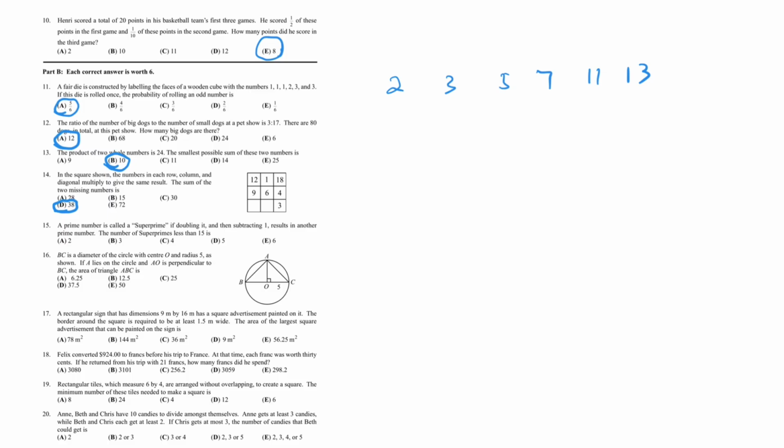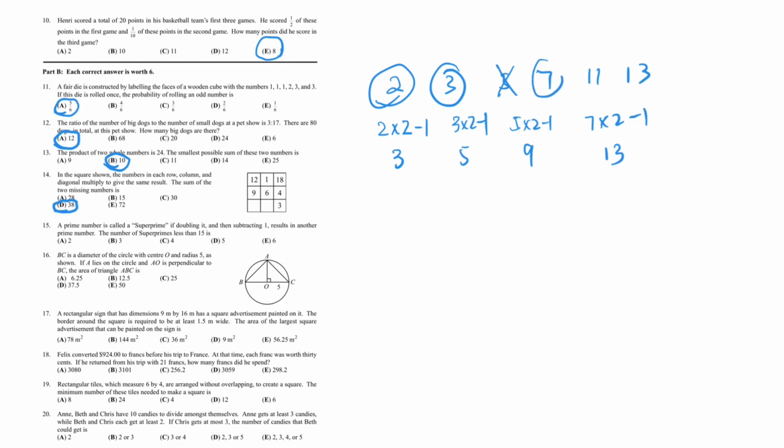Doubling the prime, 2 times 2, and then subtracting 1 is 3. So 2 is a superprime. 3 times 2 minus 1 is 5, a superprime. 5 times 2 minus 1 is 9, not a superprime. 7 times 2 minus 1 is 13, a superprime. 11 times 2 minus 1 is 21, not a superprime. 13 times 2 minus 1 is 25, not a superprime.